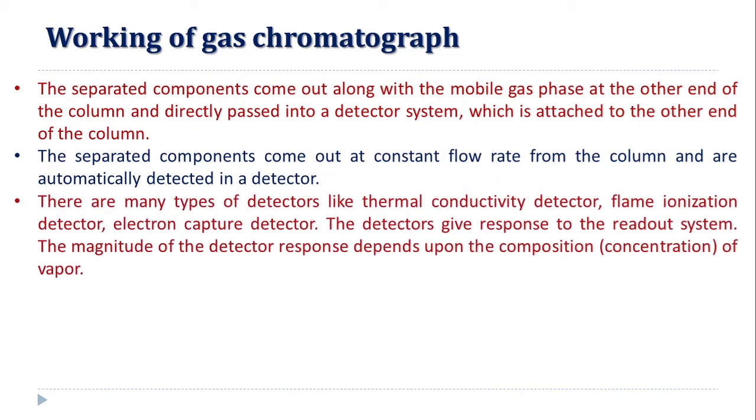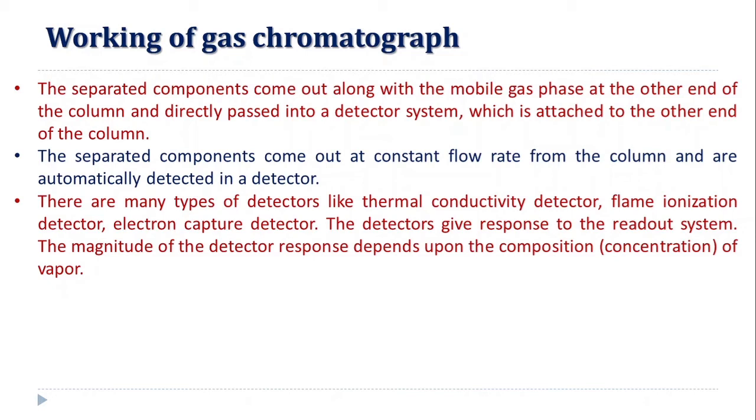There are many types of detectors like thermal conductivity detector, flame ionization detector, electron capture detector. The detectors give the response to the readout system. The magnitude of the detector response depends upon the composition as well as concentration of the vapor. So these detectors are attached to one end of the column.